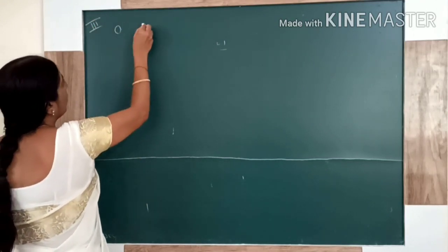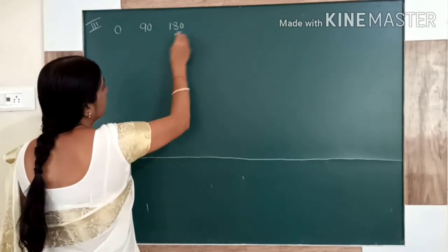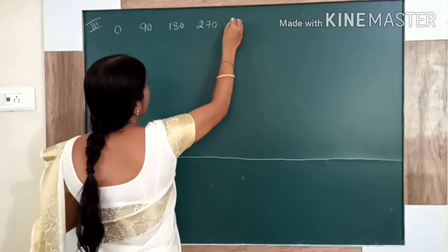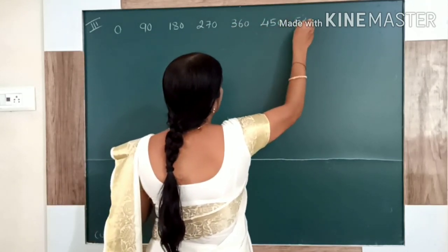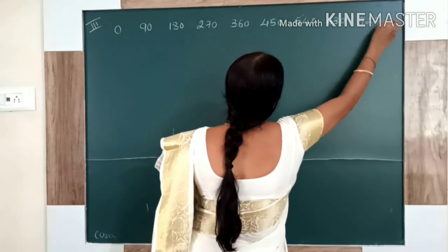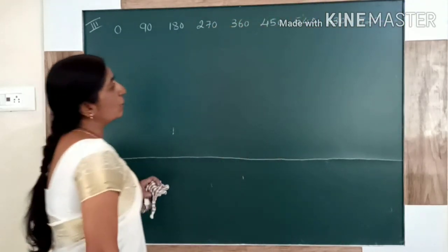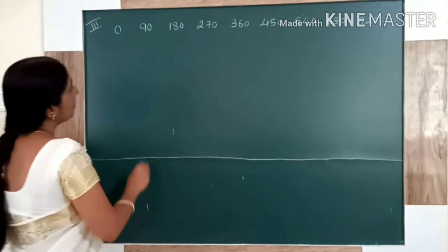Here I am writing all the values in terms of multiples of 90. So how many values you want, you can write. If you don't know how to write, just write down 90 tables. In front of that, go on writing 0.